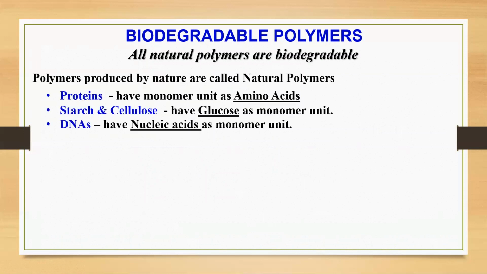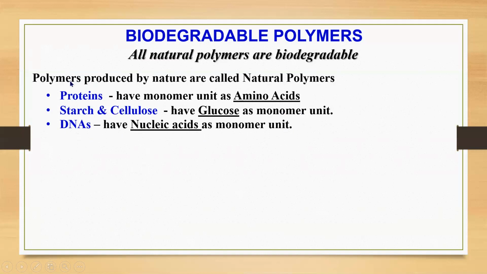So what actually are natural polymers? Polymers produced in nature are called natural polymers. For example, proteins have amino acids as the monomer unit. Starch and cellulose have glucose as the monomer unit, and DNAs have nucleotides as the monomer units. These are polymers which are produced by living organisms, by plants, animals, bacteria.